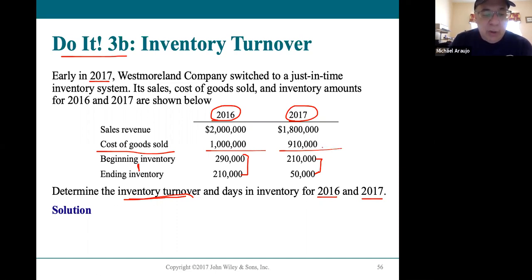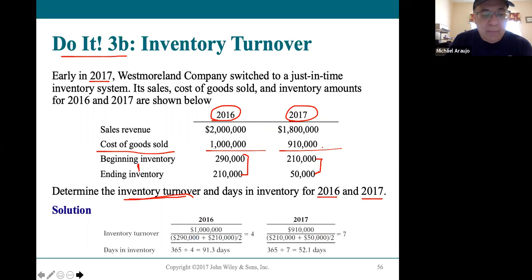Once you actually do that math, you'll see that in 2016, the inventory turnover rate was only 4. When you look at 2017, the inventory turnover rate was 7. So 7 is a much higher number than 4.